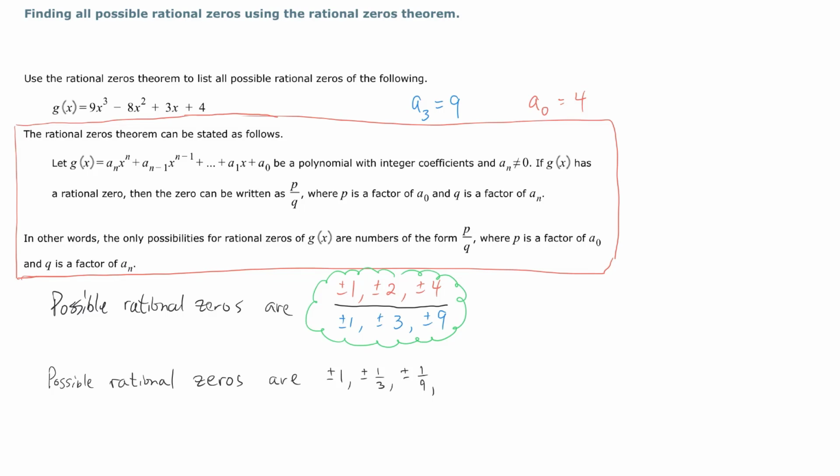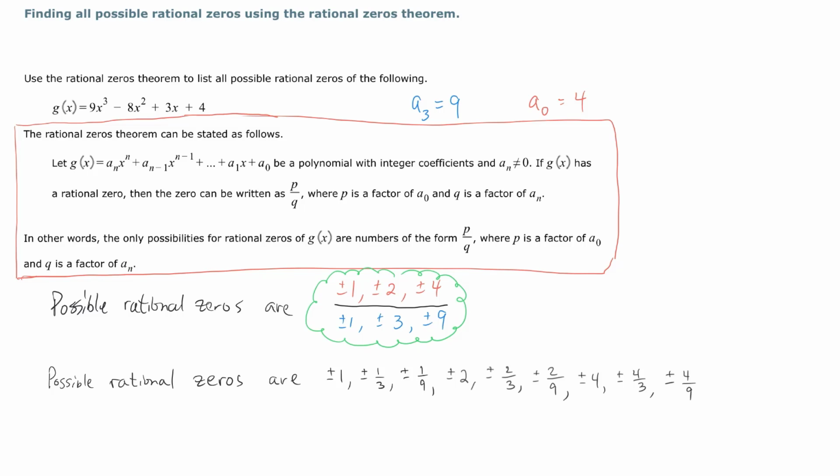We also have plus or minus 2, plus or minus 2/3, plus or minus 2/9. We also have plus or minus 4, plus or minus 4/3, and plus or minus 4/9. And that should cover all your possible rational zeros.